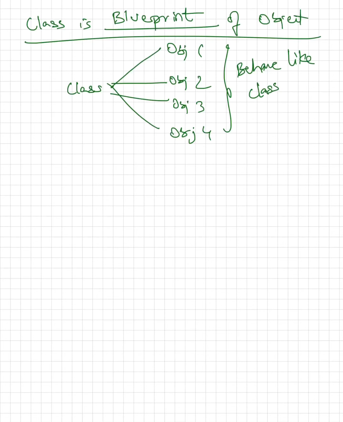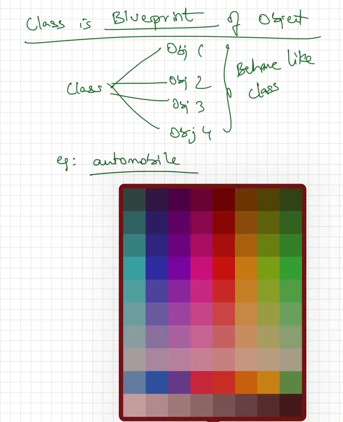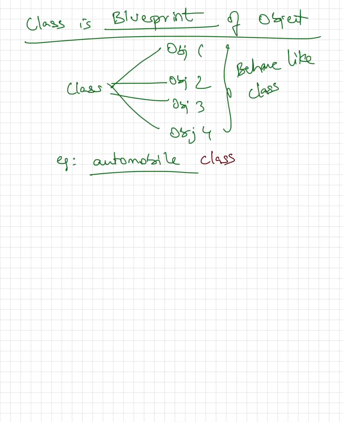This time we take an example of automobile, which is a class. What are the objects inside it? This automobile class will have attributes and methods.